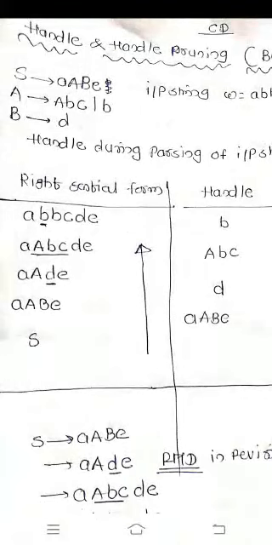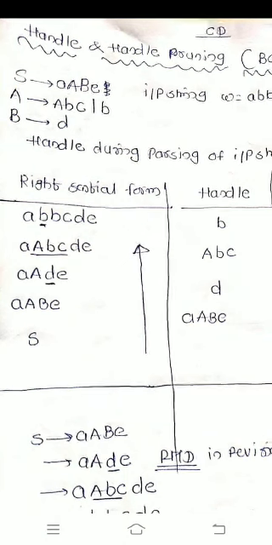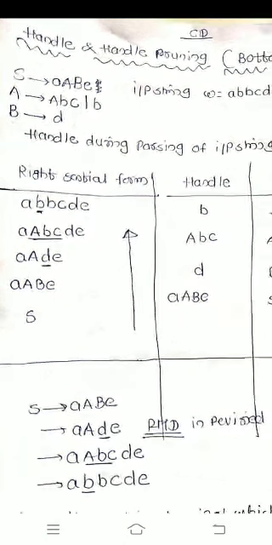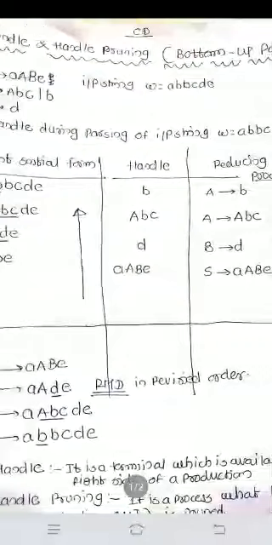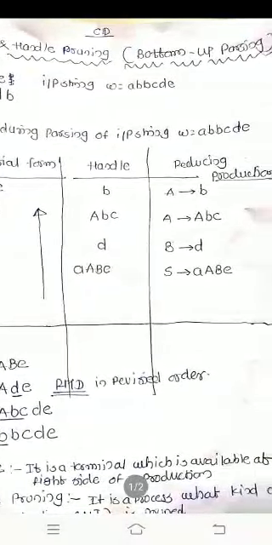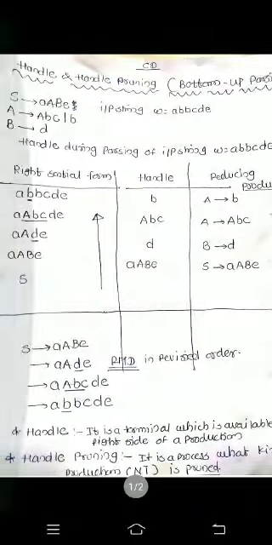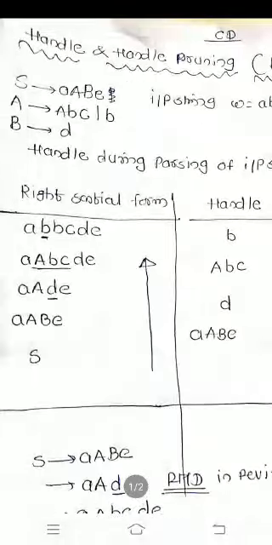That's why we shift to the next symbol, that is B. So B is available in the A production, so here the handle is the terminal B, and the reducing production is A produces B.